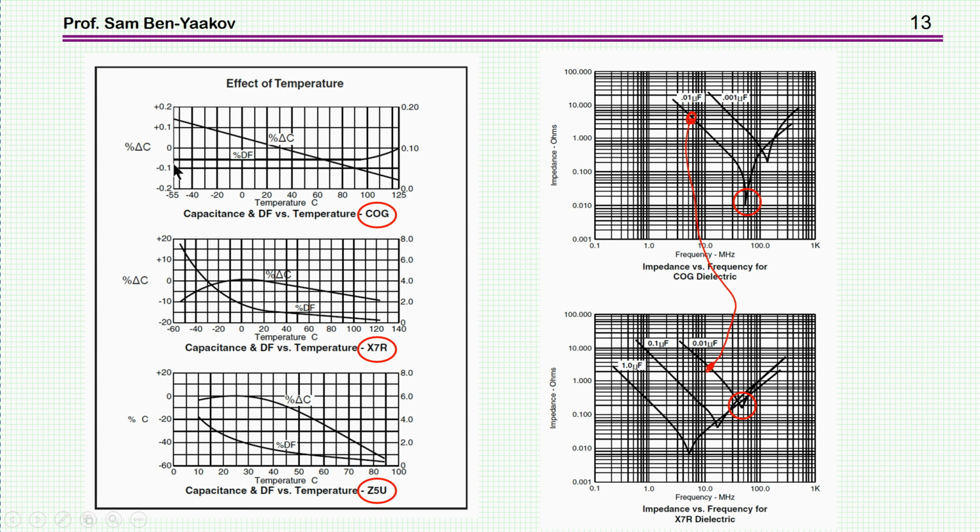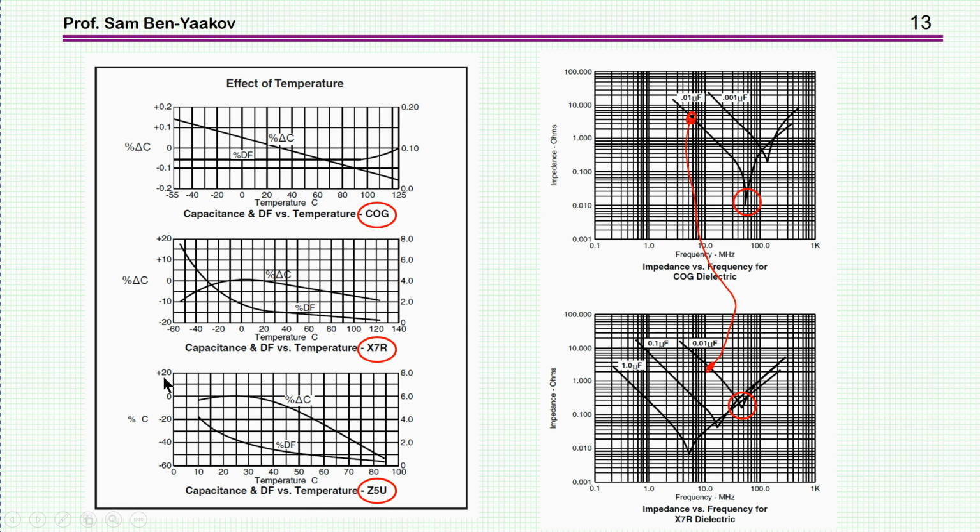You see here it's fairly stable, while here the dissipation factor is also changing. Interestingly enough, the dissipation factor of X7R is going down with temperature. So there is an advantage of operating them at elevated temperature, because then the losses will be lower, the ESR will be lower.